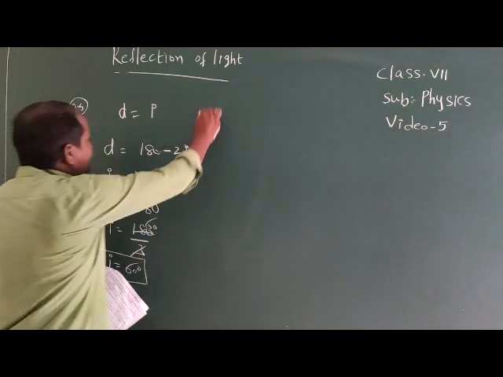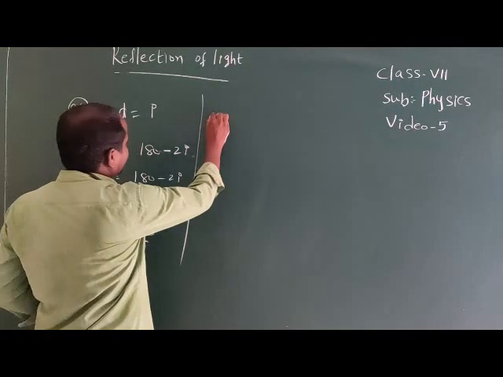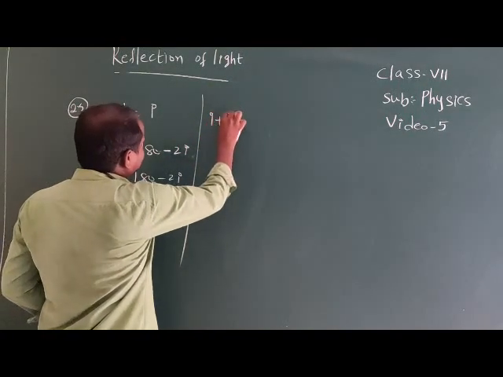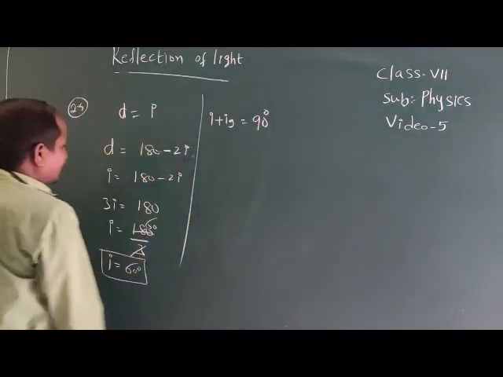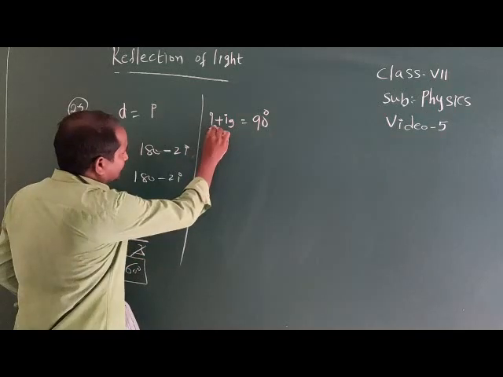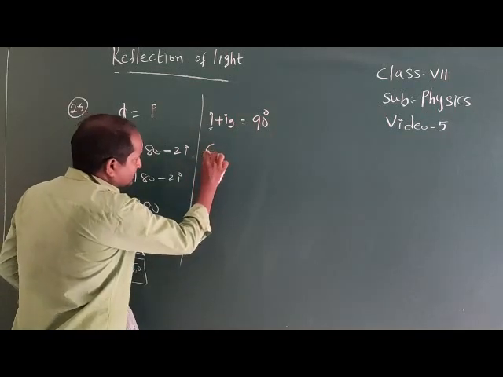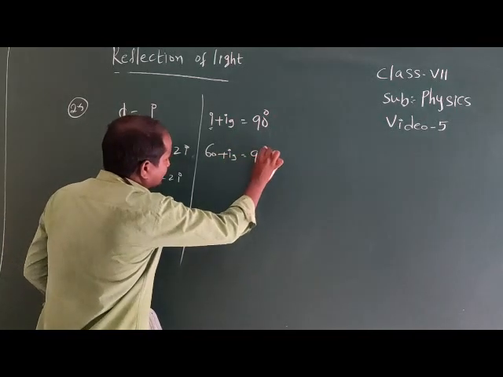Then what is the glancing angle? Here i plus i' is equal to 90 degrees, from the laws of reflection. Here we got i equal to 60 degrees, so in the place of i we can write 60. So 60 plus i' is equal to 90 degrees.